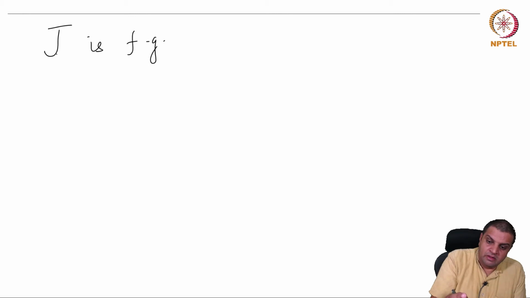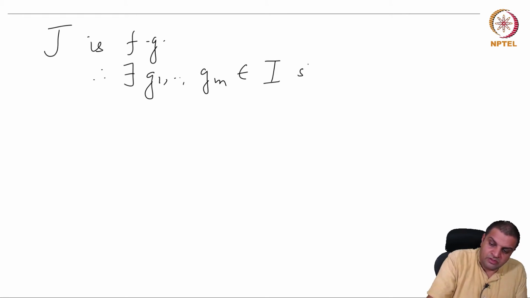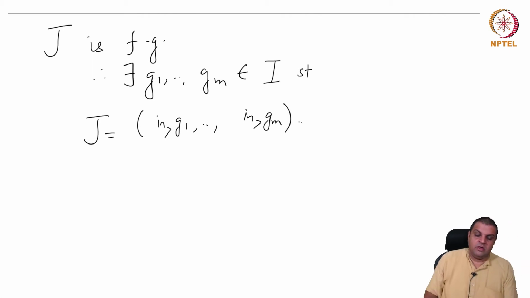So J is generated by initial terms. Therefore, there exist G1 through Gm inside I such that J is generated by the initial term of G1 up to the initial term of Gm.